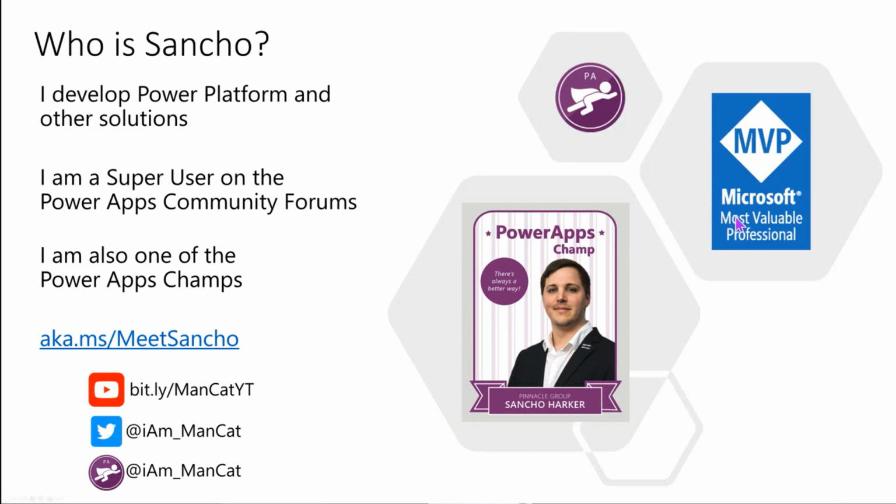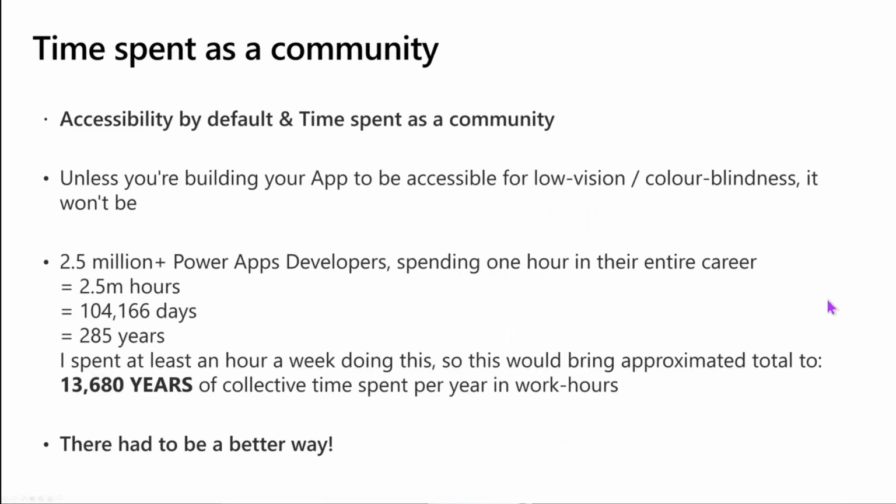So if any of you have seen my previous talks on templates, these things hook together quite nicely, but this one's going to be focusing more around accessibility. The problem is, I think, because we have so little time as a community and we spend so much time doing all this templating and making everything look good and branding our apps, we tend to forget a lot about the accessibility side.